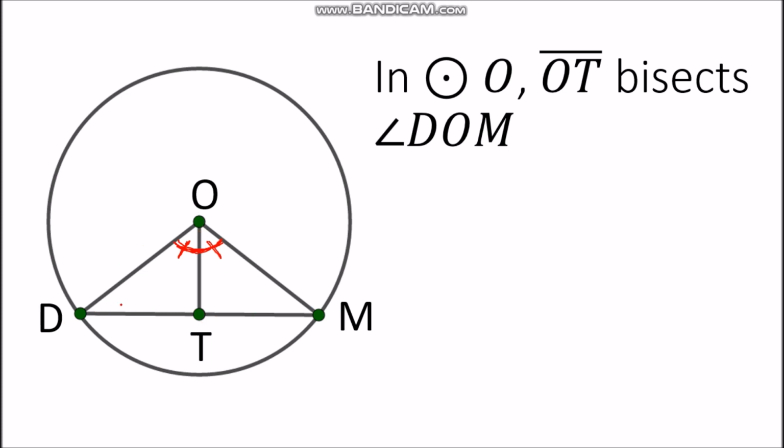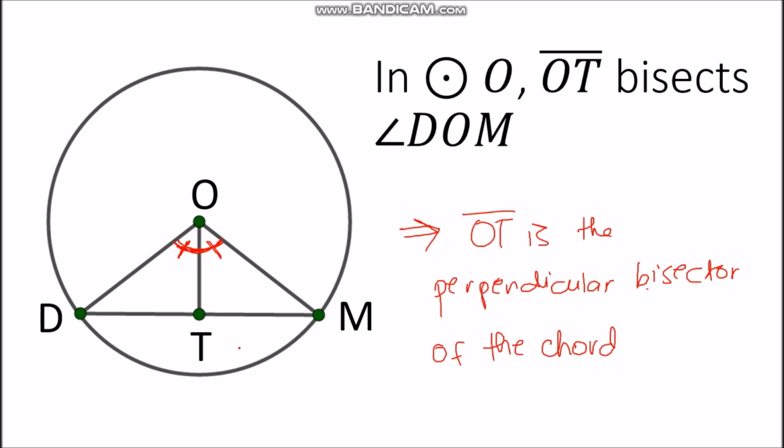Now from that, applying the theorem, OT is the perpendicular bisector of the chord that subtended your angle DOM, which is segment DM or chord DM. So again, it's just the opposite. Segment OT is also the perpendicular bisector of the chord DM.